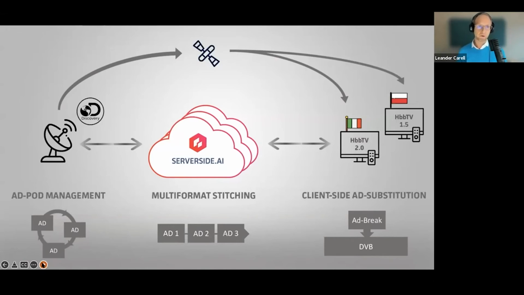But we also see audio and podcasting coming up for ad insertion more and more important because audio gets more relevant in our life. And with HbbTV, also broadcasters having much more interest now when going direct to customers. And these are the fields we see SSAI playing an important role.